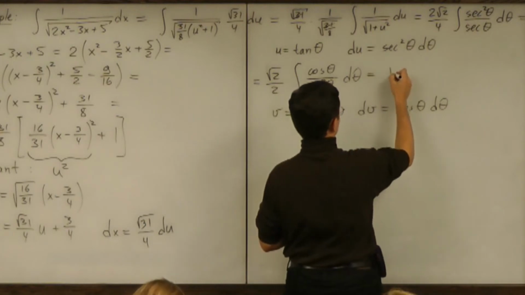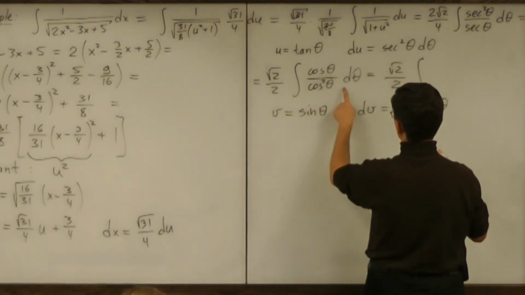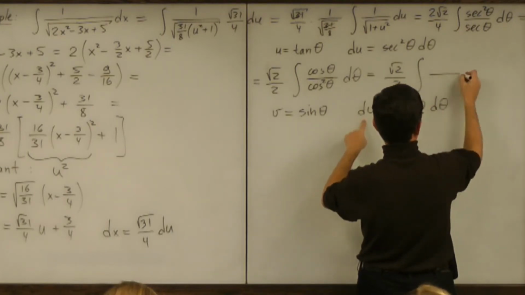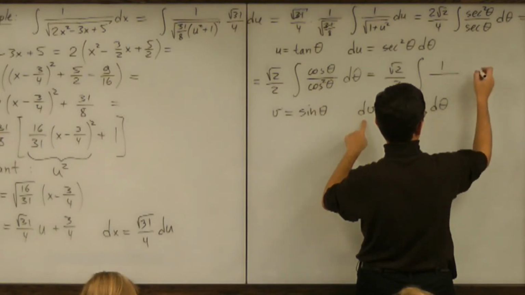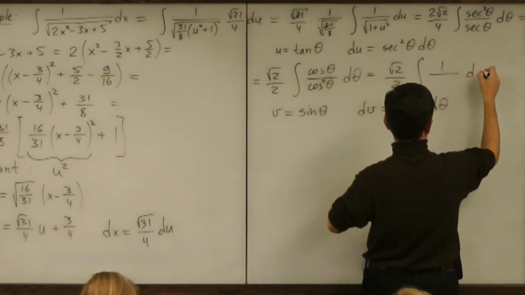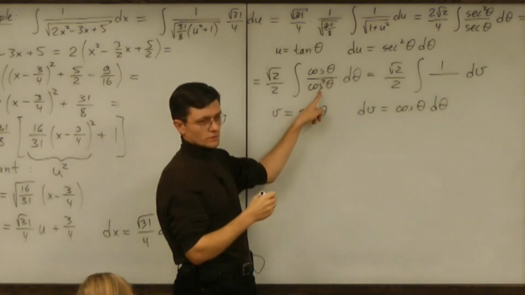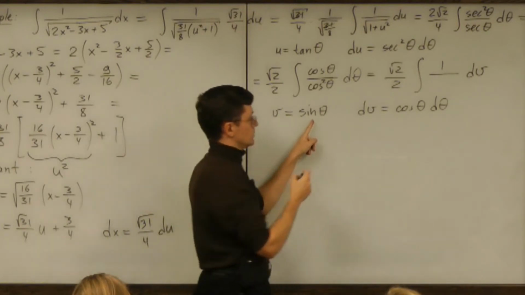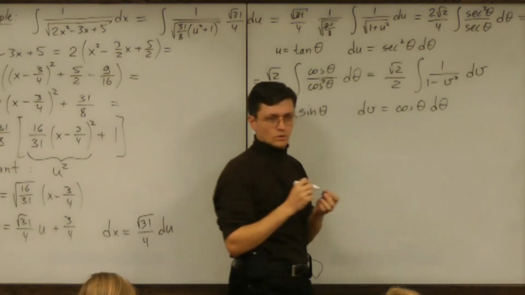My integral becomes, in terms of v, the integral of what? 1 divided by cosine squared, right? In terms of sine, that is 1 over 1 minus v squared, 1 minus sine squared.